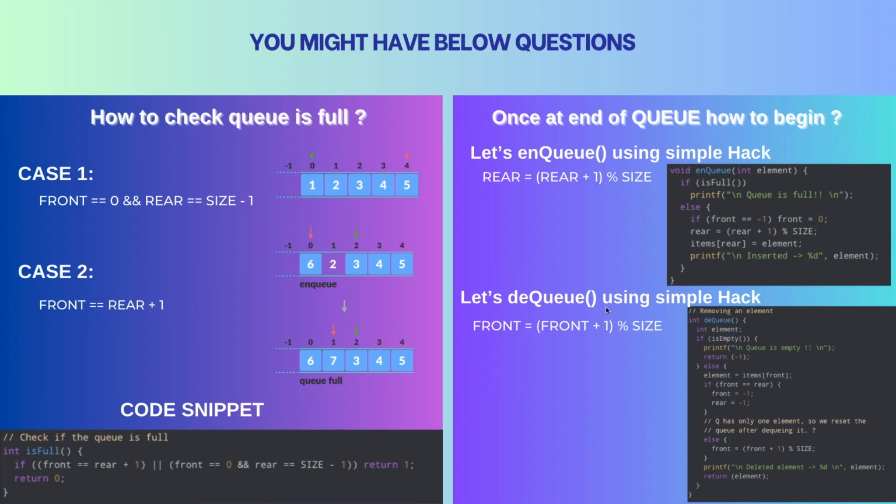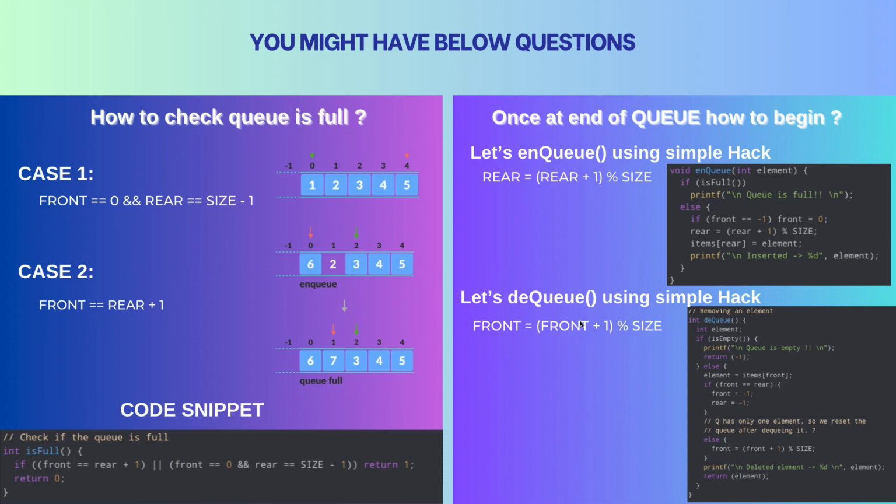Now the same thing we need to do with the dequeue method. At first, where is our front? In the very beginning, our front would be at -1. So -1 plus 1 equals 0, then modulo sign and size. Its size is 5. So -1 plus 1 is 0, modulo 5. It would be 0. Then after, if we dequeue one more element from our queue, front would be at the 0th position, 1 position, 1 plus 1, 2, 2 modulo 5.